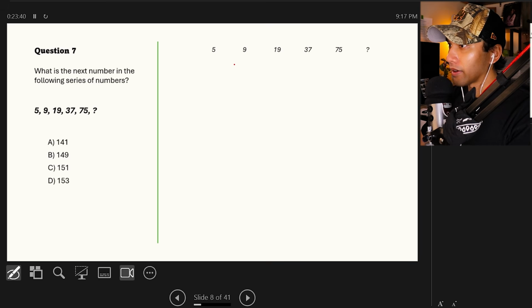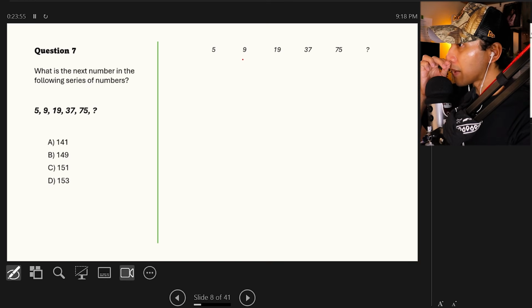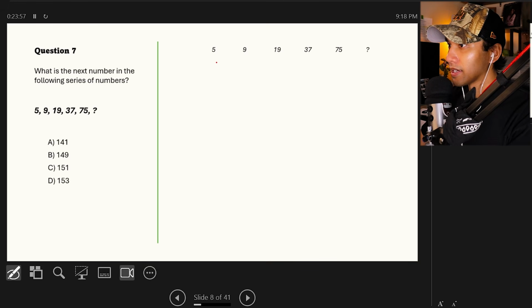You're going to figure out on this problem that you have to do a second operation. So the second operation is minus 1. The first operation is how do you get from 5 to 9? You have to times this by 2, right? That equals 10.